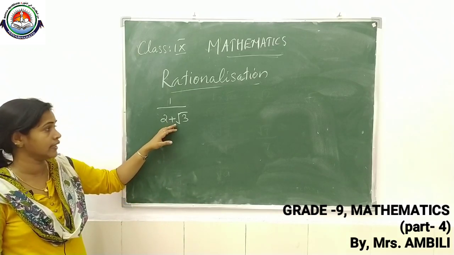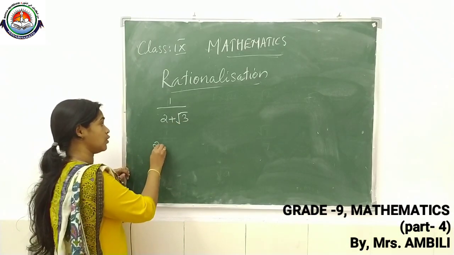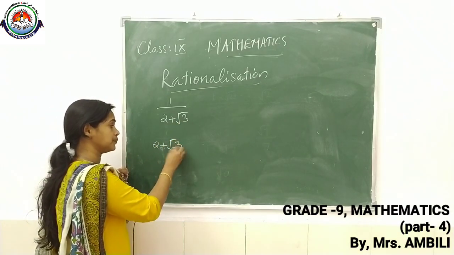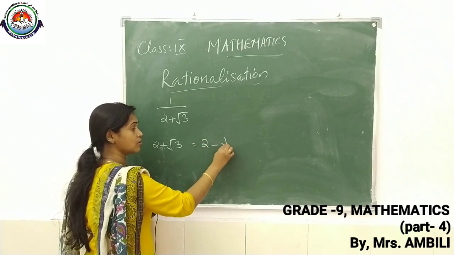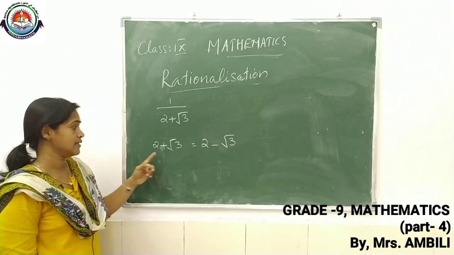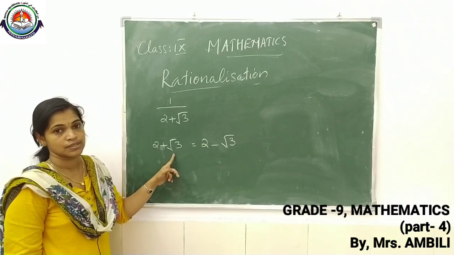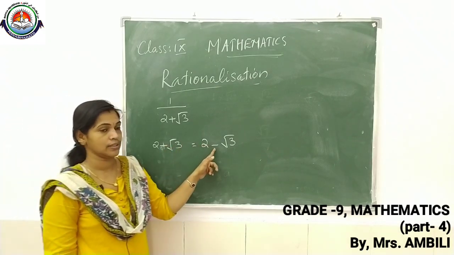What is the denominator here? 2 plus root 3. So what is the conjugate of 2 plus root 3? The conjugate of 2 plus root 3 is 2 minus root 3. That is, change the sign between the terms. Here now a positive sign, so we change it into a negative sign.